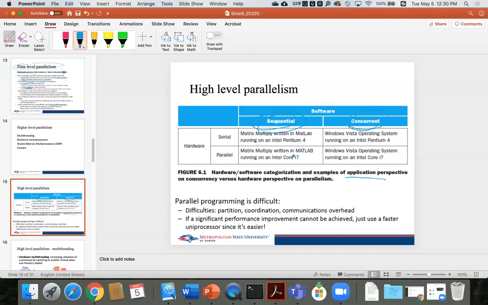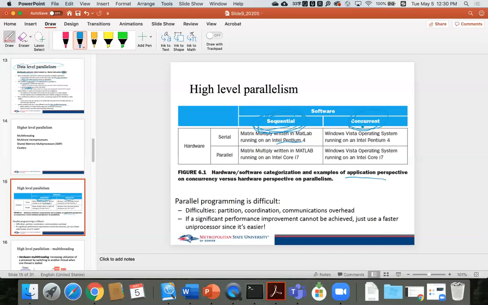Such as if we're using a single core processor to perform matrix calculation. You might think, when I use MATLAB and the matrix calculation is performed, this is parallel processing. But at the software level, this is still a sequential operation, even though you are operating on a matrix.